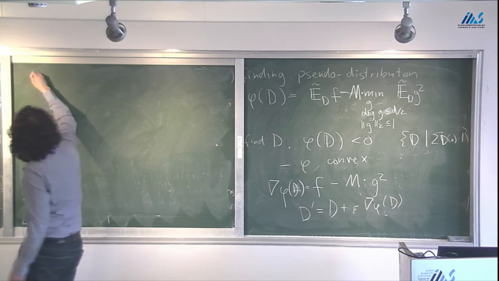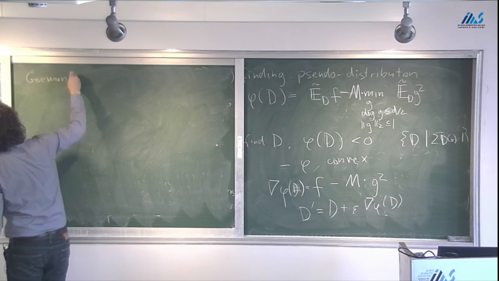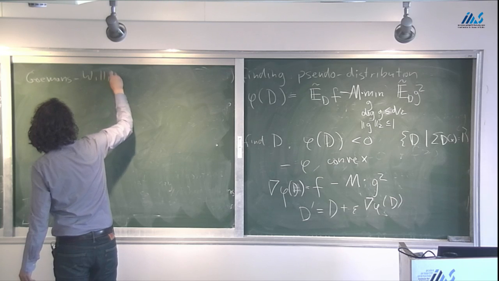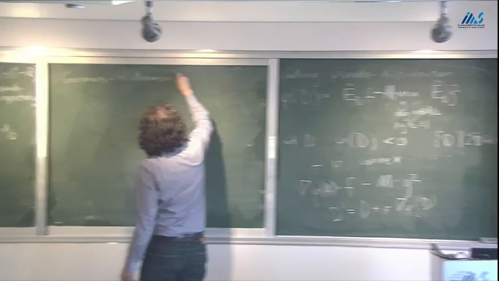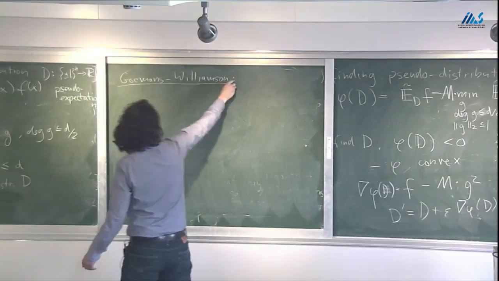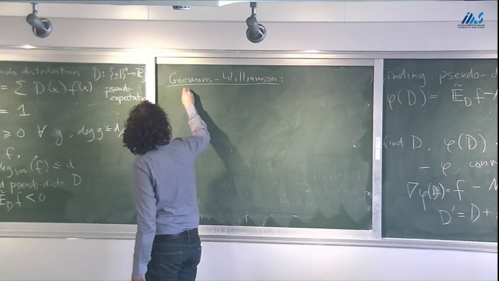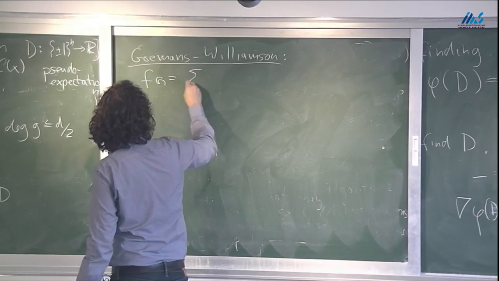Okay, so let's look at the Goemans-Williamson algorithm for max cut, and how we can describe it in terms of these pseudo-distributions. Let's recall that we have this function that corresponds to max cut.